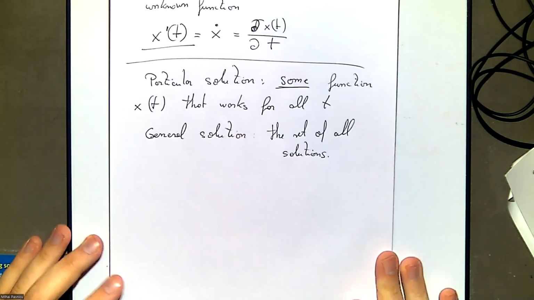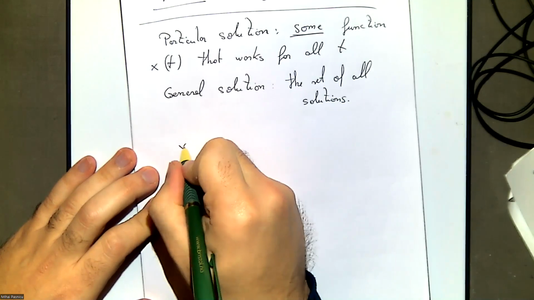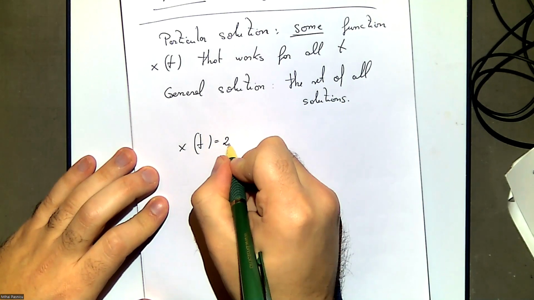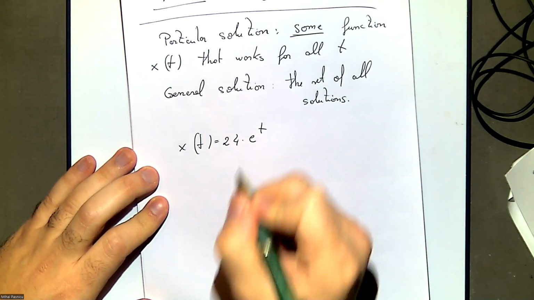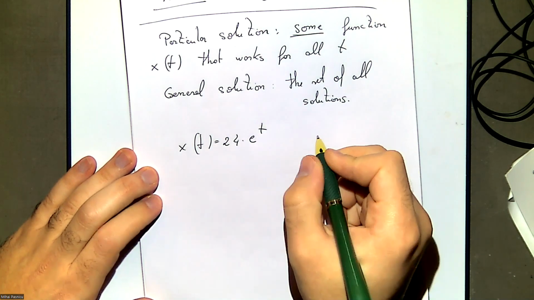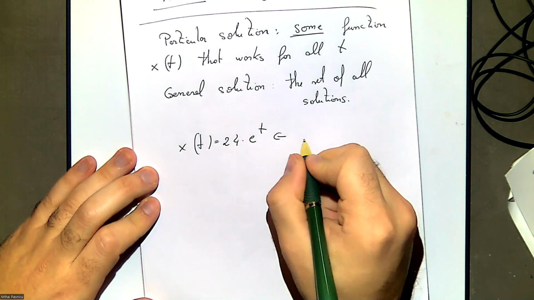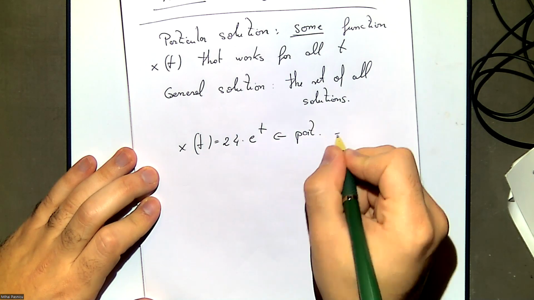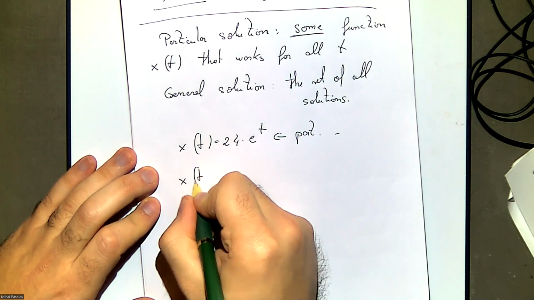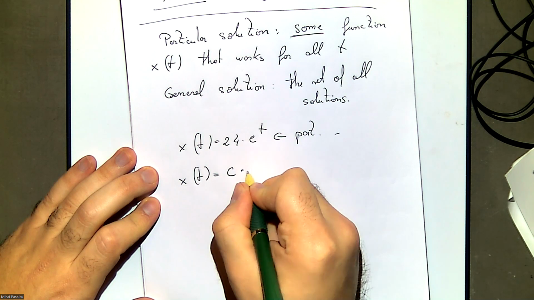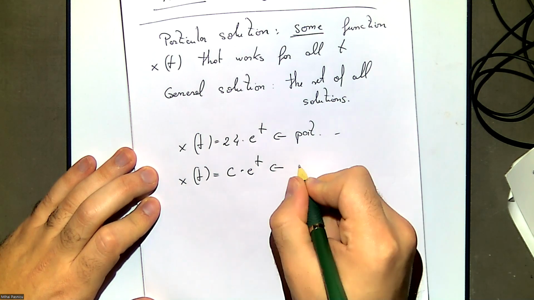Okay, so for example, x of t equals 24 times e to the power of t. This is a particular solution. And then x of t is equal to a constant times e to the t. This is the general solution.